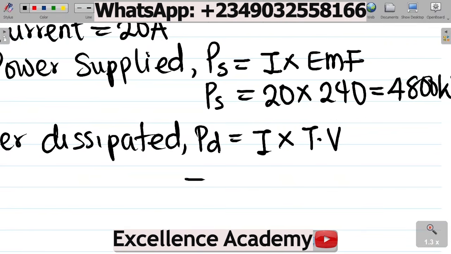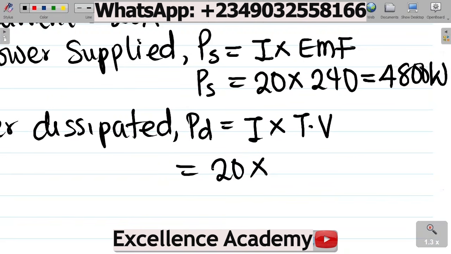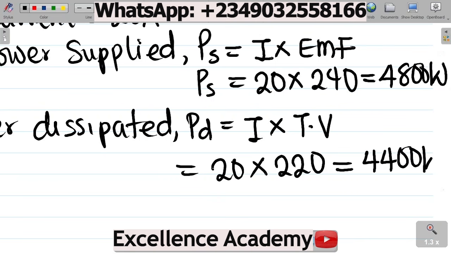So this is equal to the current, 20, times the terminal voltage, 220 volts. If you punch 20 times 220, that gives 4,400 watts. This is the power dissipated.